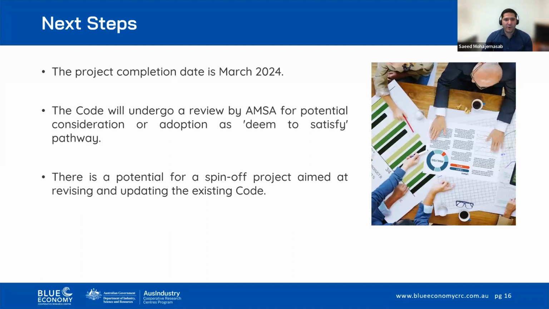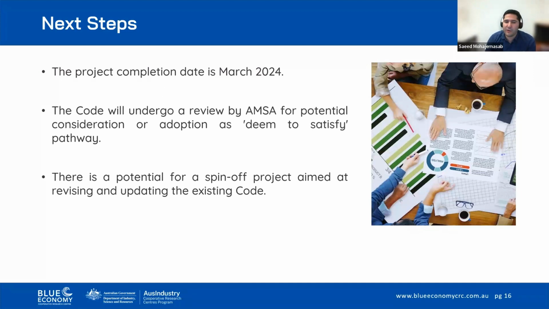The next steps of this project: it is due to be completed by March 24. Following the completion, it will undergo a review by AMSA for potential consideration or adoption as a sort of deemed to satisfy pathway.